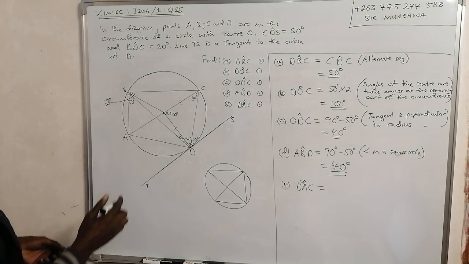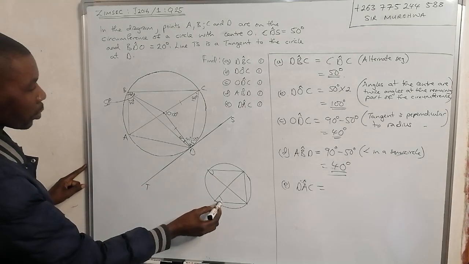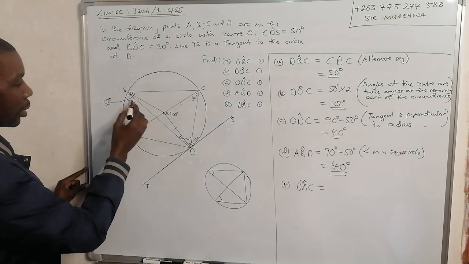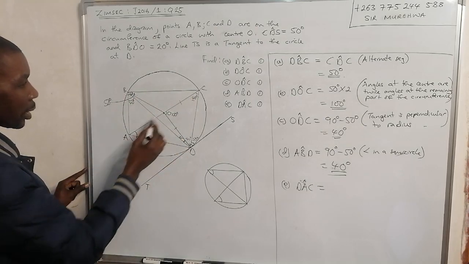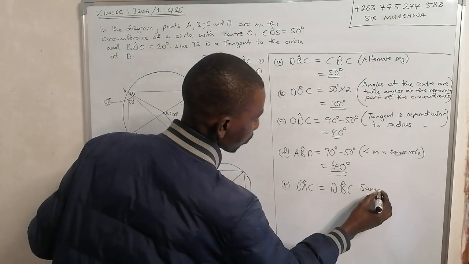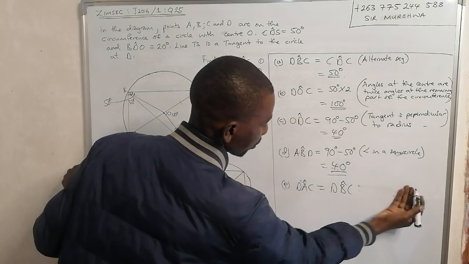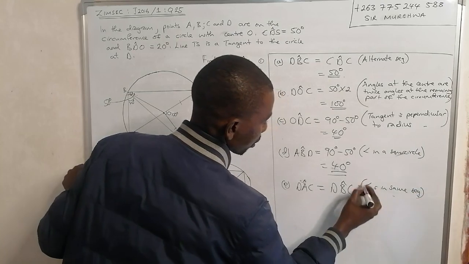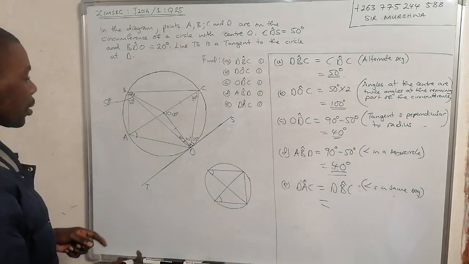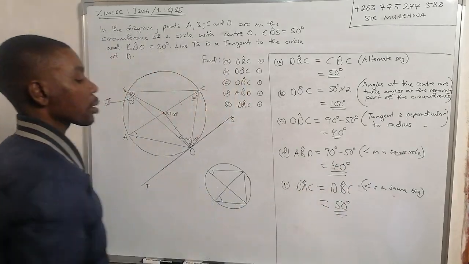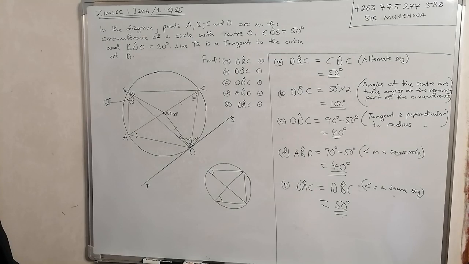So in this case, we are going to say DBC is equal to DAC, angles in the same segment. DBC, remember, we got 50 degrees, which is the same as DAC. Right, so this is how we answer this question.